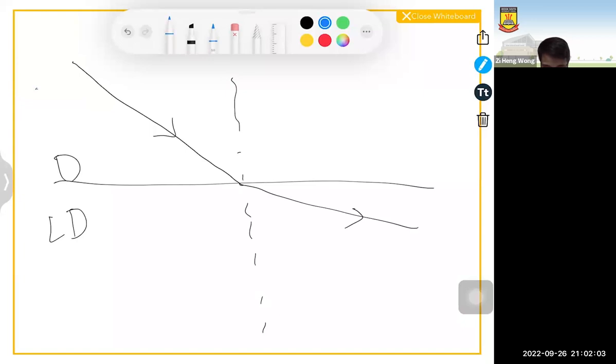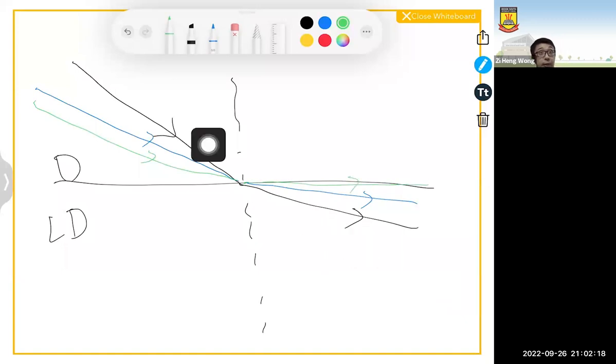I increase my angle of incidence, it bends away some more. You realize that before I even hit angle of incidence 90, my angle of refraction will already hit 90. Correct? So I can increase until a certain angle. I cannot increase anymore because beyond this angle, I cannot bend away already. It's already bent away to the max.